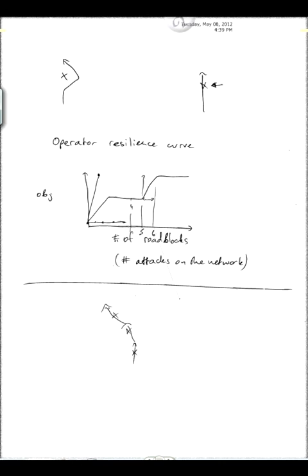At this point, even if we increase the number of roadblocks, there is no possible way to make this path look worse than it currently is. Which means that the smuggler is just going to stick to picking this path, which is why the operator resilience curve at that point would just flatten out.